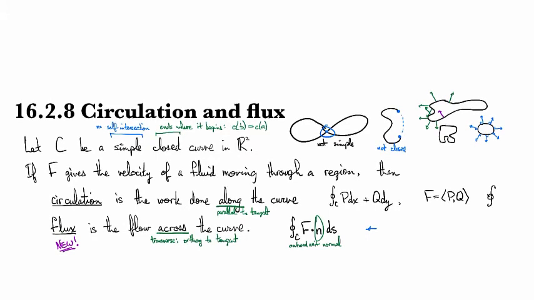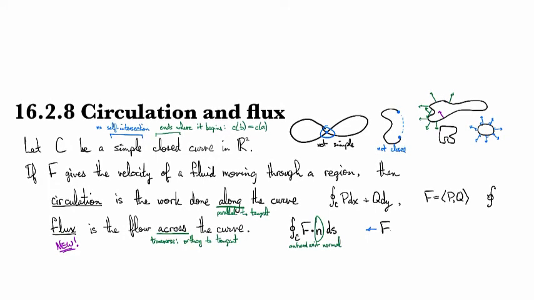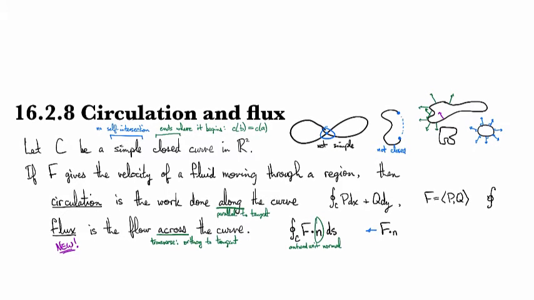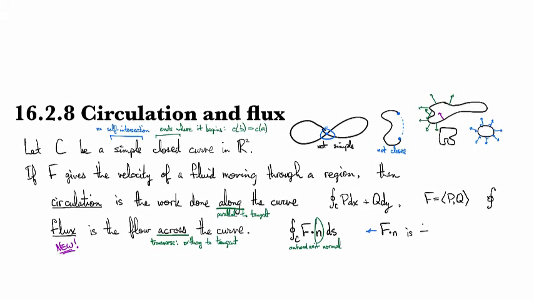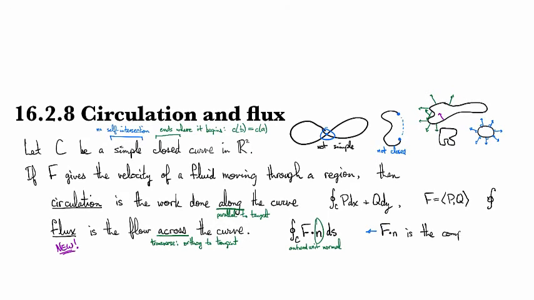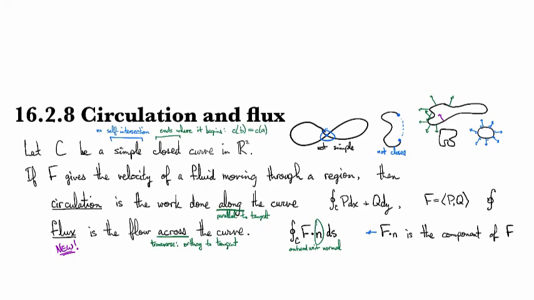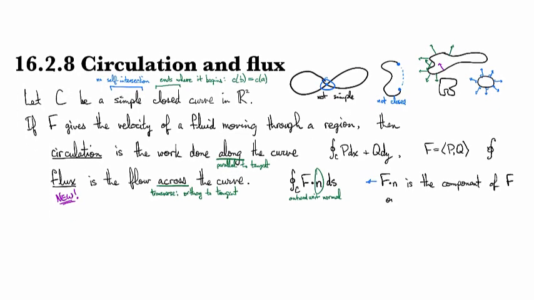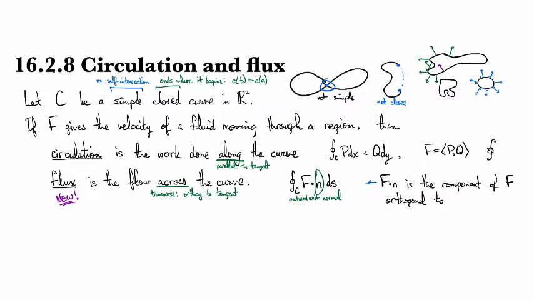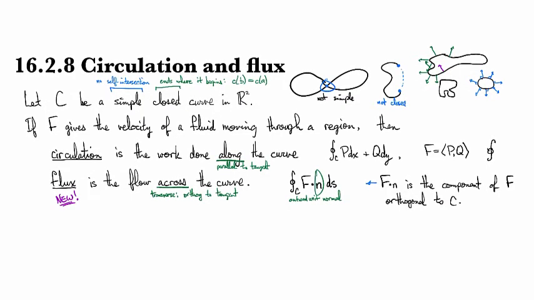And so F dot N, this is the projection onto the normal to the curve, is the component of F which is orthogonal to the curve.